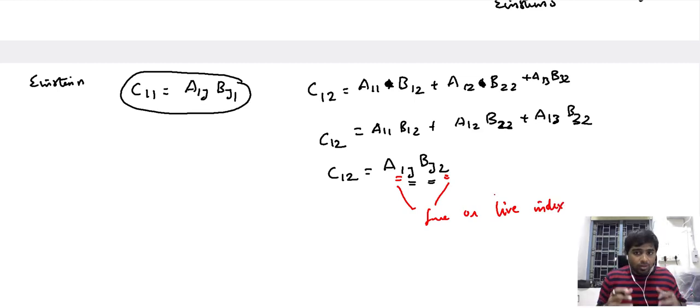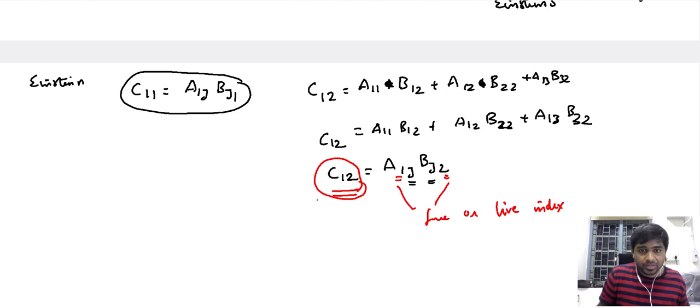Depending on the values assumed by the live index, we end up expressing a separate element. So what we have done is consider two matrices and the product of these two matrices, and we are now considering the individual elements of the product matrix that it yields.